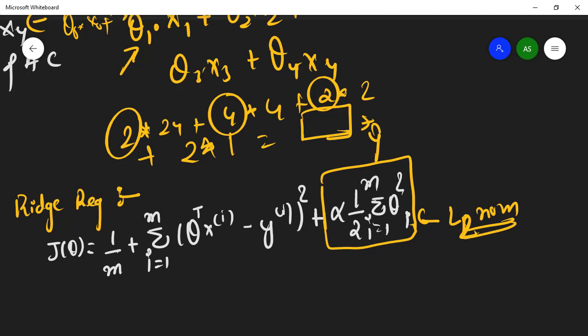In ridge regression we have the L2 norm, and it simply penalizes the theta that is very less important. So let's assume that your model finds out that the number of ACs is less important.